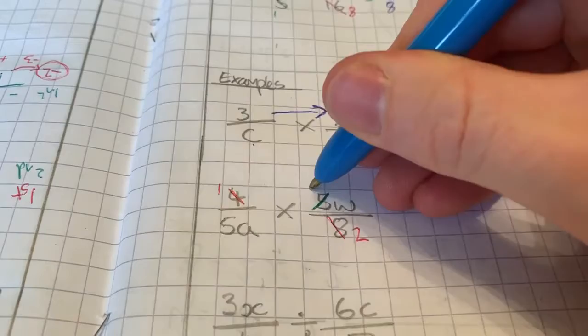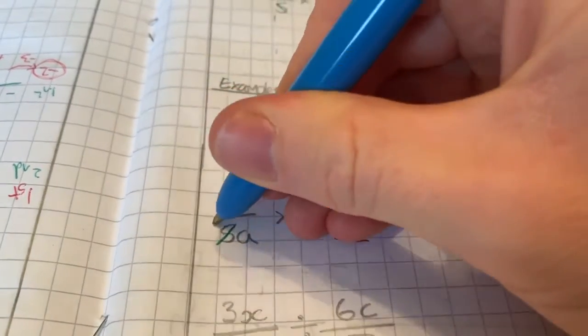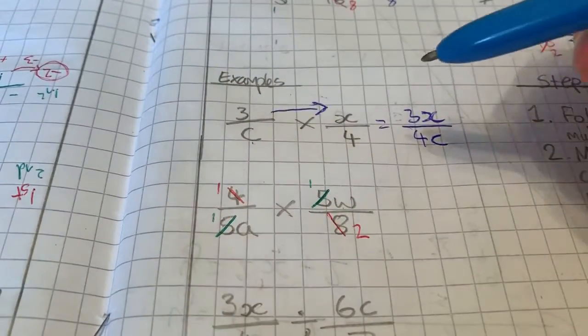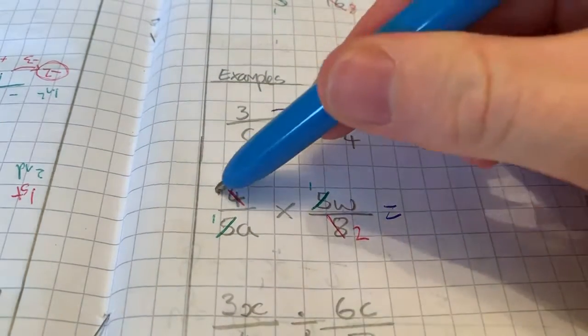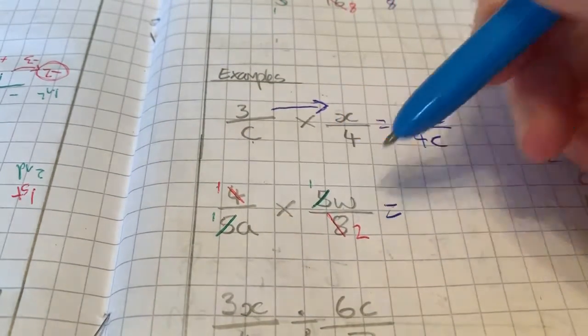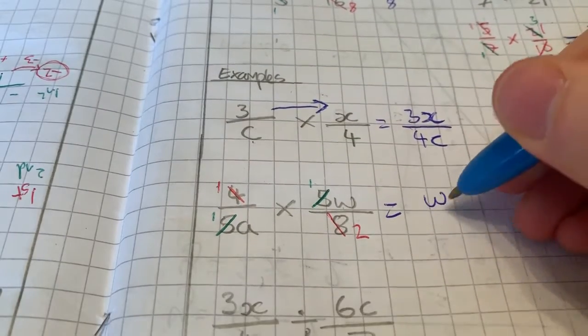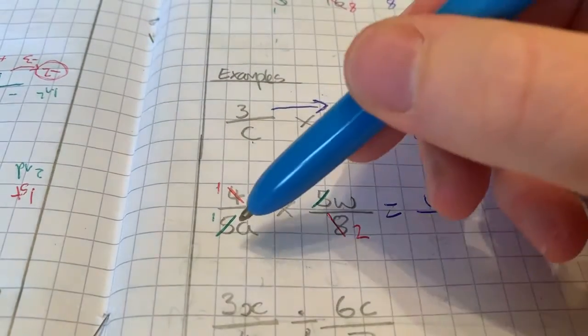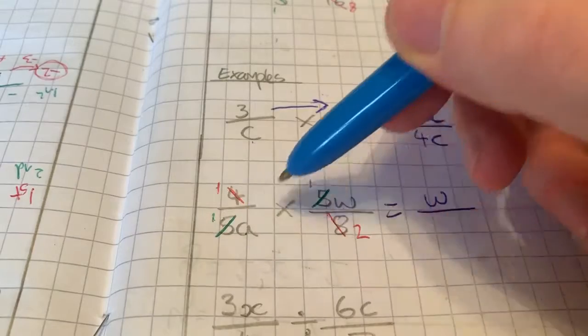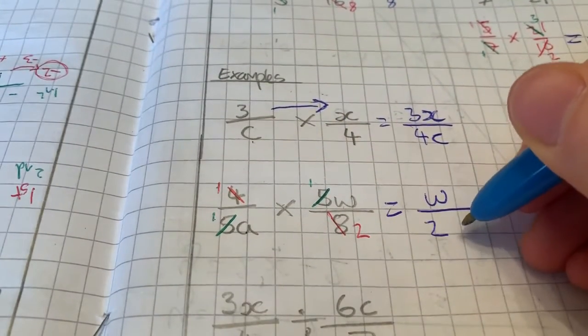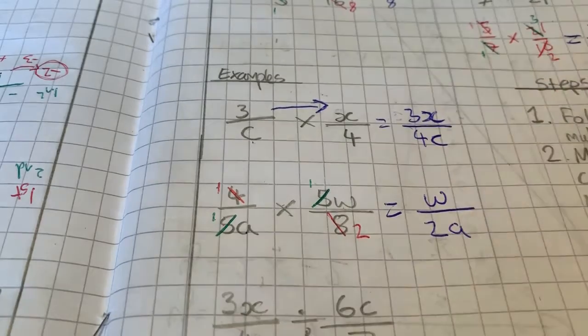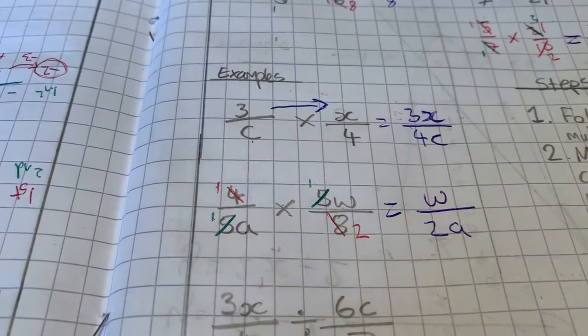So we cancel that 5, make it 1, and that 5 to make it 1. What we are left with, going across, is 1 times 1w, which is just w, and then 1a times 2, which is 2a. So that's the second example.